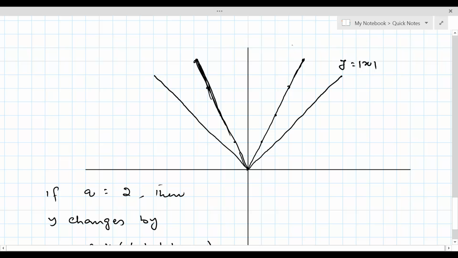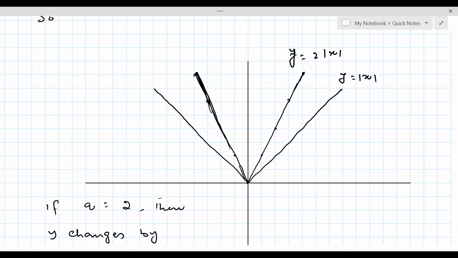So this is y is equal to 2 times mod of x. This is called the vertical stretch.